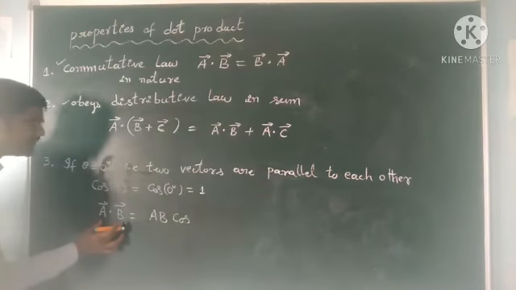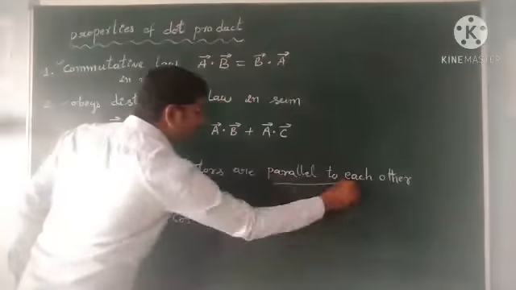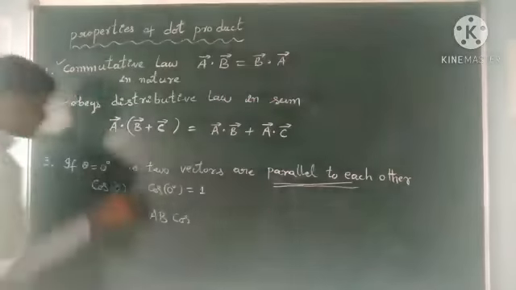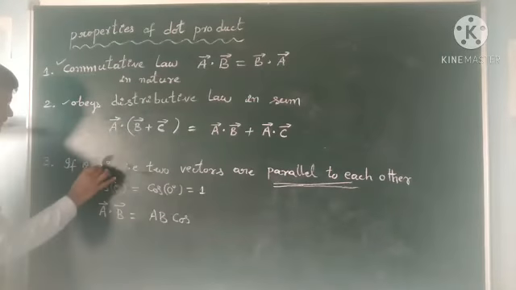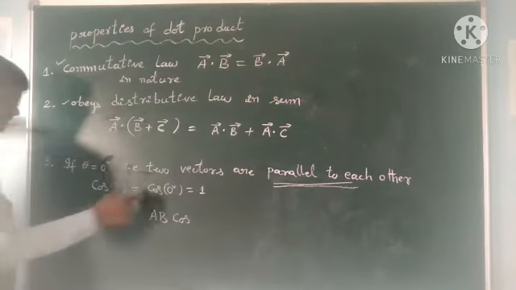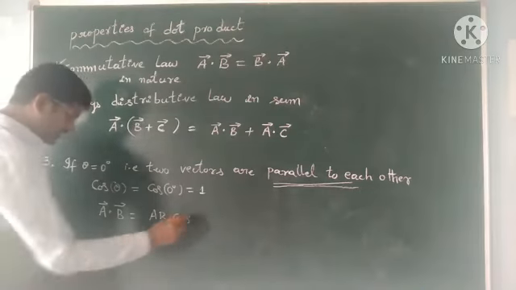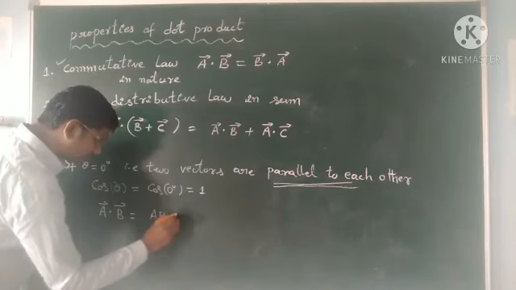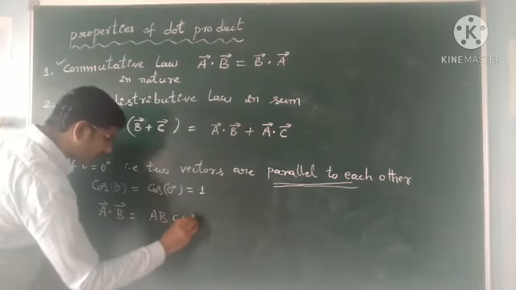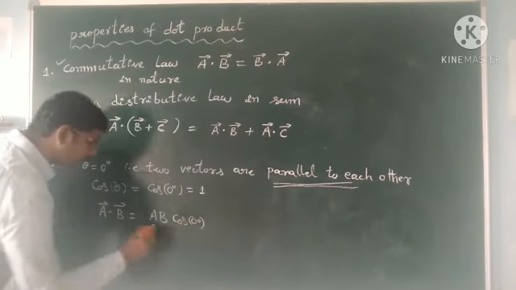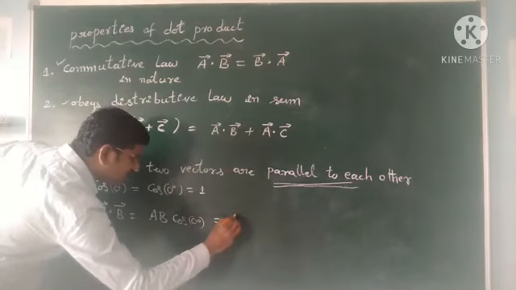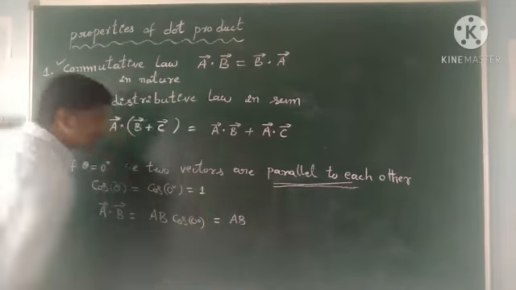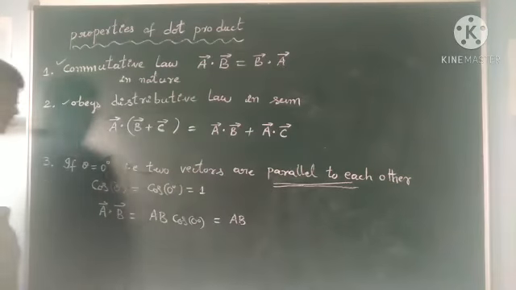Since A and B are parallel to each other, theta is 0 degrees, and cos 0 degrees has the value 1. So I get AB.